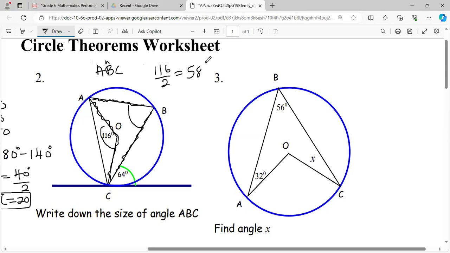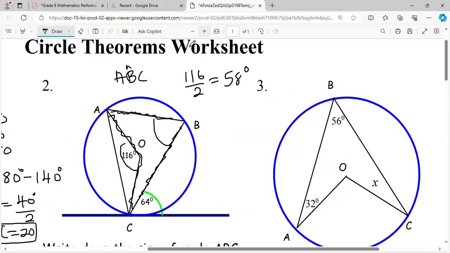Also, we could have done the long way. Alright, let's do it the long way. I'll maximize it and show you guys. You can identify that you have an isosceles triangle, which is this one here, AOC, right? That's an isosceles. That means this and this are equal. These two are equal.